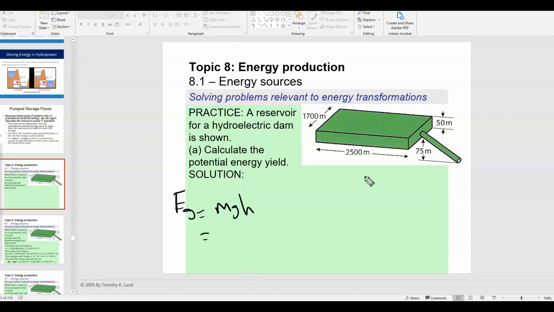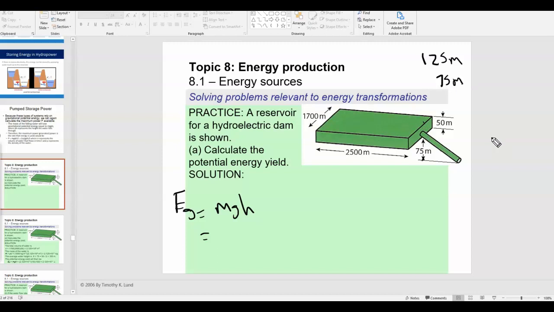Well, h we talked about before. Remember, when you're talking about the height of a body of water, you're not using the maximum height. You're actually using the average of that reservoir. Here, from the lowest point to the highest point is 125 meters. If you go from the ground to the bottom of the reservoir, that would be 75 meters.